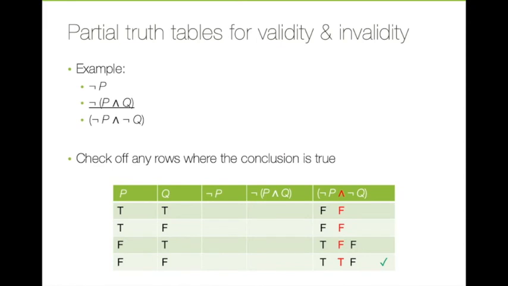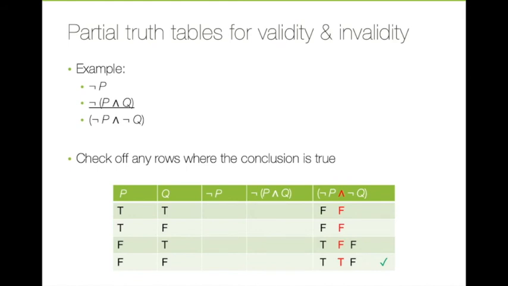Back to our procedure. Once we've got the truth value of the conclusion in each valuation, we're going to check off ones where the conclusion is true. So in this table, we can check off the fourth row, since the conclusion is true in that row. That means that that row cannot result in true premises and a false conclusion.